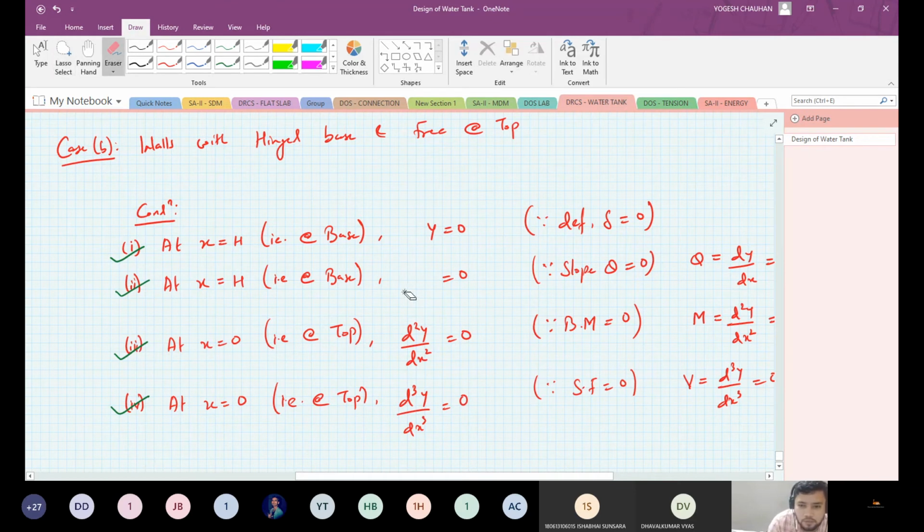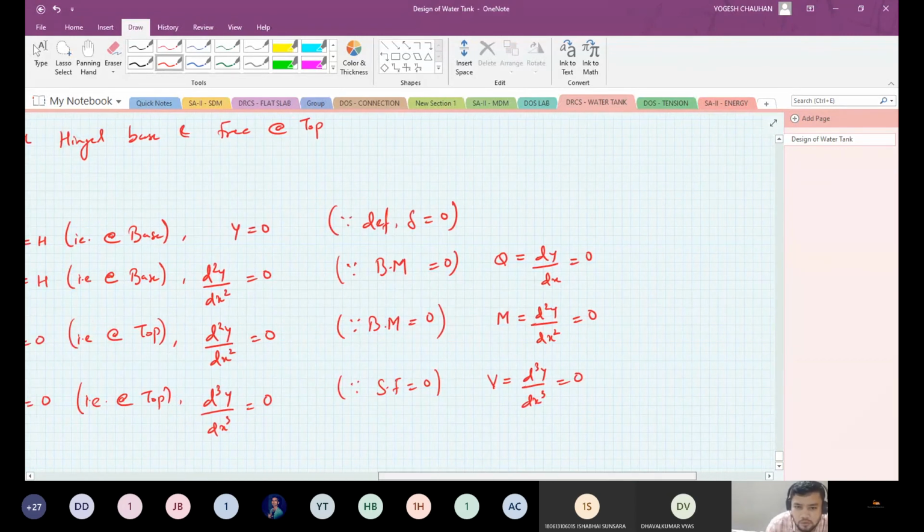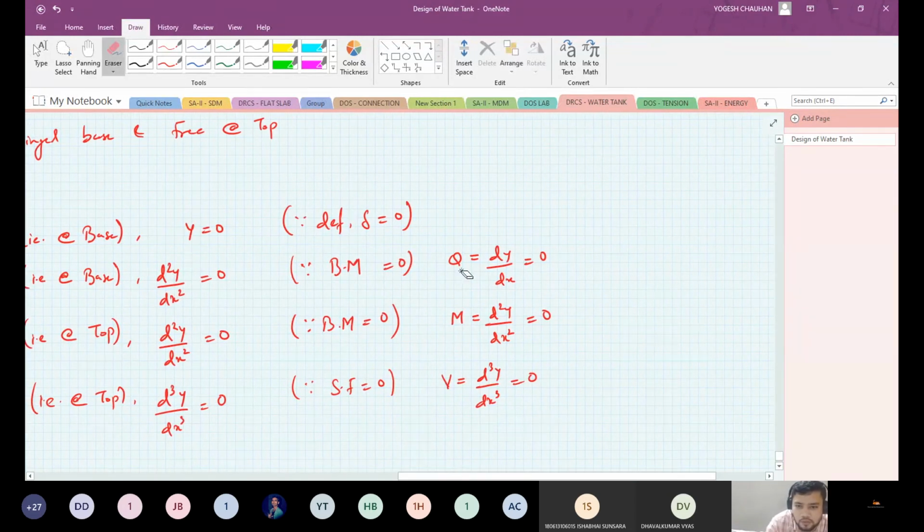So here it will be d square y by dx square, which is the bending moment, equal to zero, because of the hinge at base.